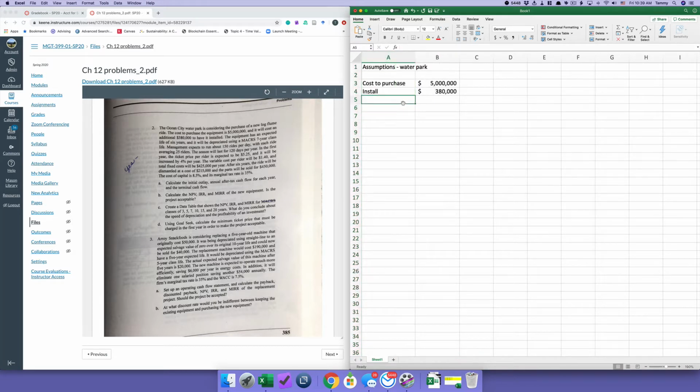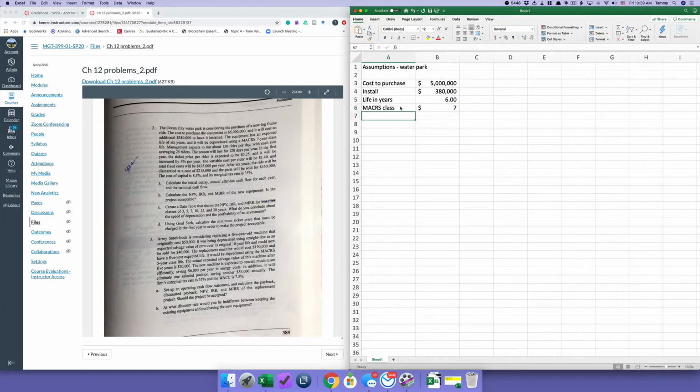Cost to purchase is 5 million. The install price is 380. The life of the equipment is 6 years, which does not need to be a dollar sign. Let's see, what else do we have? Maker's class is 7.